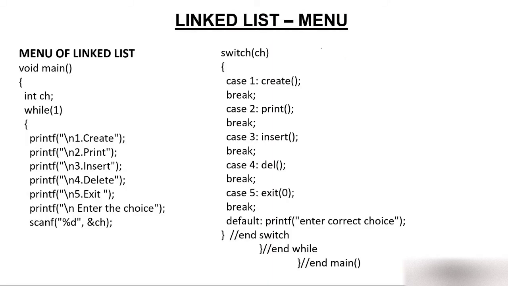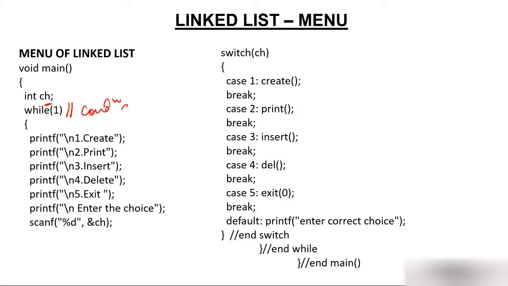Let's start with the menu of the linked list. Here you have a menu. In the menu you have many parts, because whenever you talk of a linked list you have plenty of options. In the main function there is a while loop. You have created a variable ch, and the while loop condition is always true.